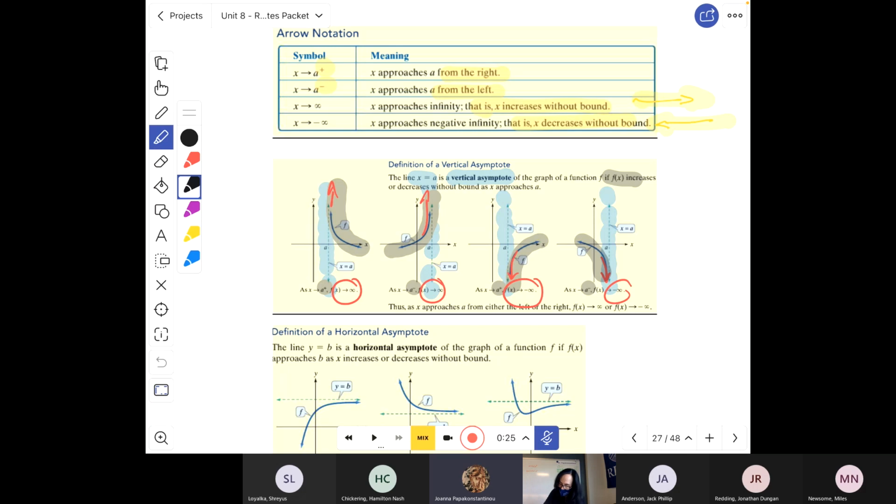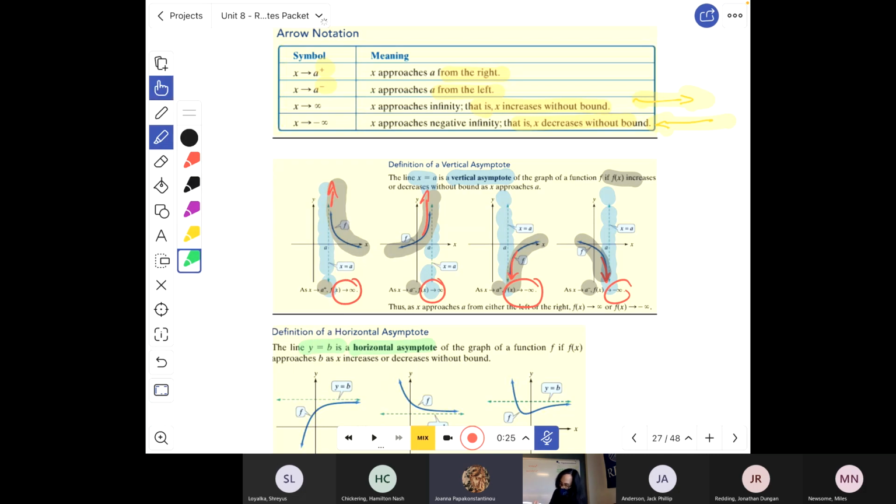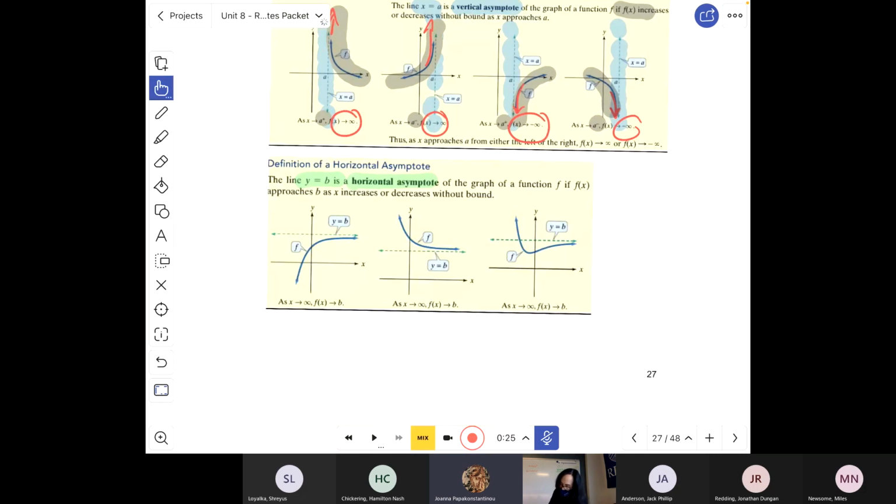Now, let's say I have a horizontal asymptote at y equal b. So here's my horizontal asymptote. The graph is going to approach a horizontal asymptote either from up above or down below. Okay?